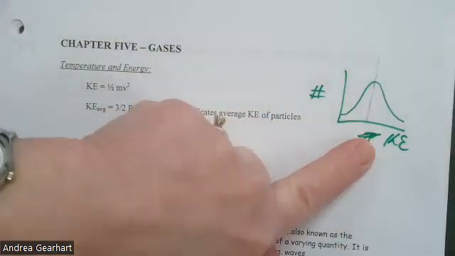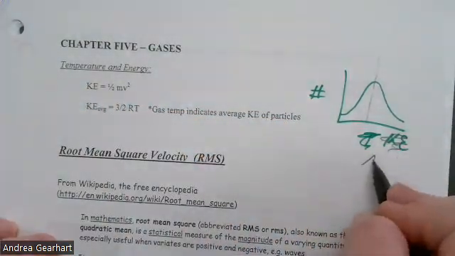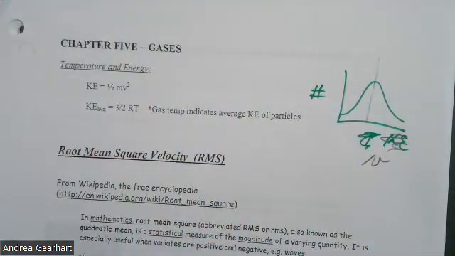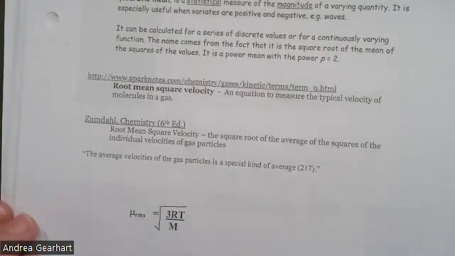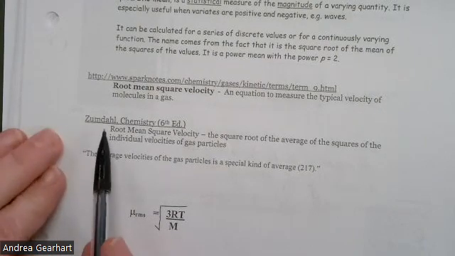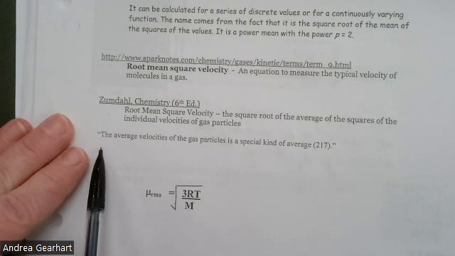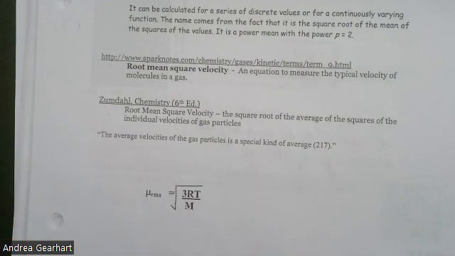Well, the same with speed. If kinetic energy is the energy of motion, this applies also to velocity. It's an average. Okay. Root mean square. My favorite explanation of what root mean square velocity is, Zumdahl gives us. The average velocity of the gas particles is a special kind of average.